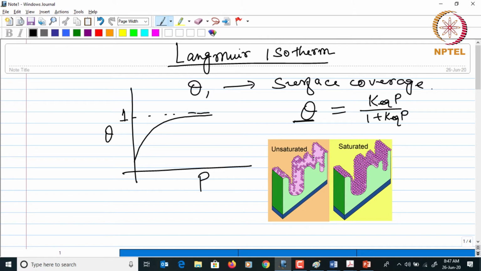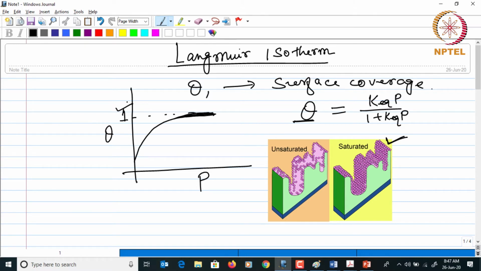which basically talks about the adsorption of these molecules on specific sites on the adsorbent surface. Now, as the pressure increases, more and more of the gas molecules get adsorbed on the surface, and then at some point it saturates when theta becomes 1, and that is what you see over here, and this corresponds to this saturation, as you could see over here, when theta is 1, right?